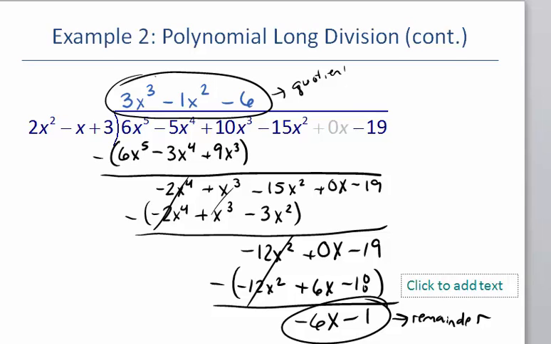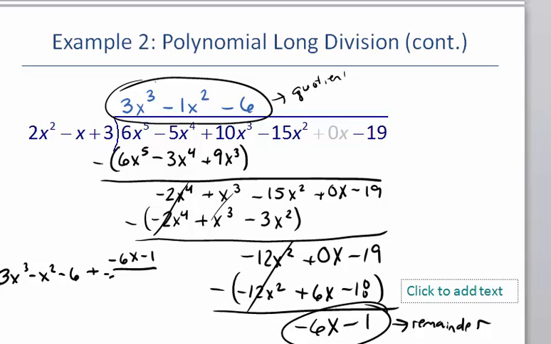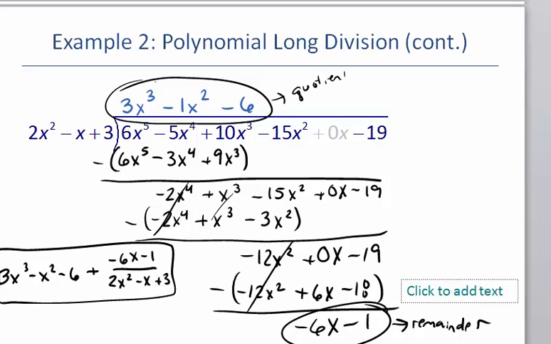So an alternate way to write your solution would be to write 3x cubed minus x squared minus 6, that's the quotient part, and then write plus, and we're going to write this remainder as a fraction, so minus 6x minus 1 over what we divided by, so 2x squared minus x plus 3. And so this is sort of an alternate way for you to write your solution.